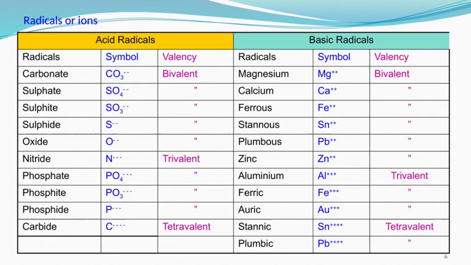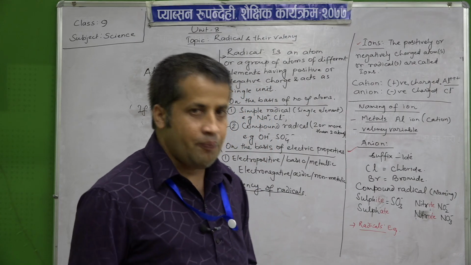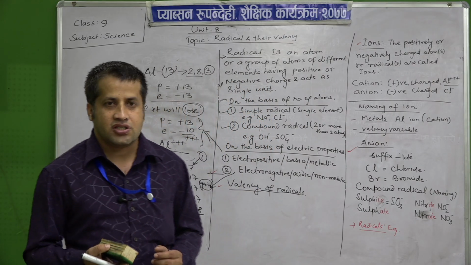This is very important. You have to understand it, and sometimes you have to memorize the radicals' formulas along with their valency, because in the next class we have to start with the ionic bond and ionic compounds.